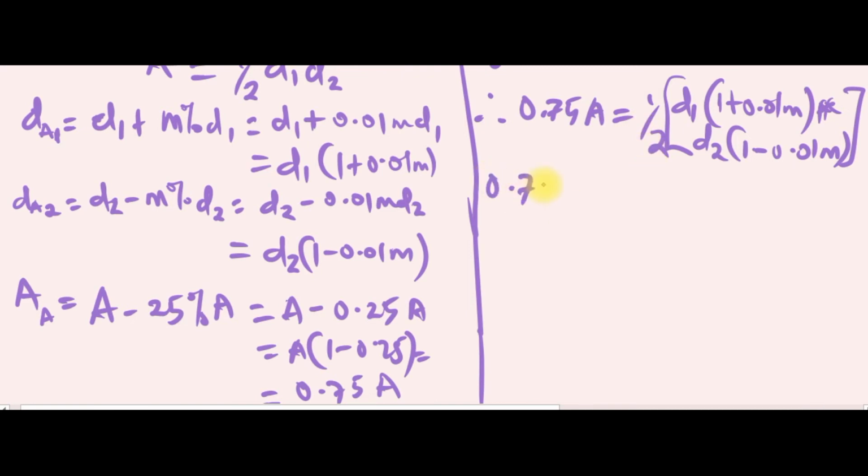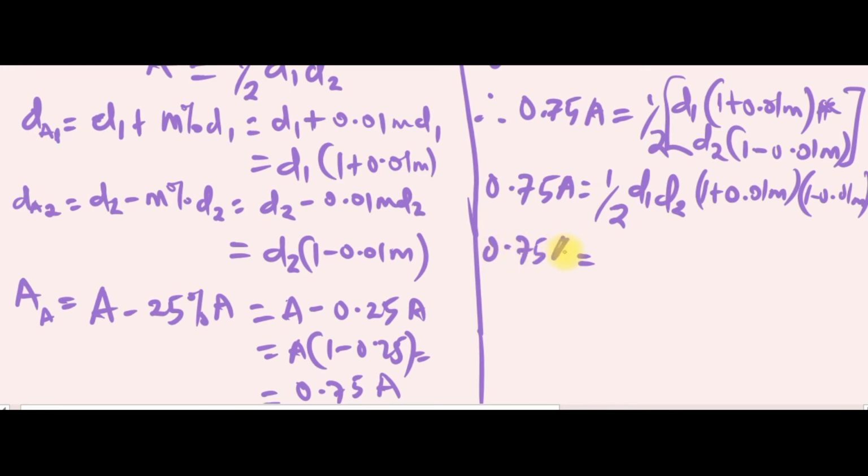So we have 0.75 A equals half D1 D2 times 1 plus 0.01 m times 1 minus 0.01 m. As you can see, half D1 D2 is A, so we have 0.75 A equals A times 1 plus 0.01 m times 1 minus 0.01 m.